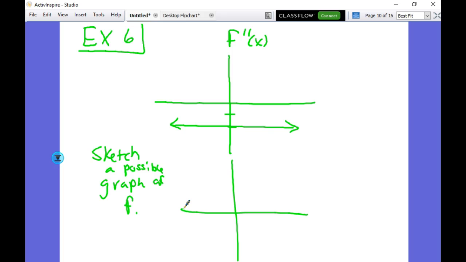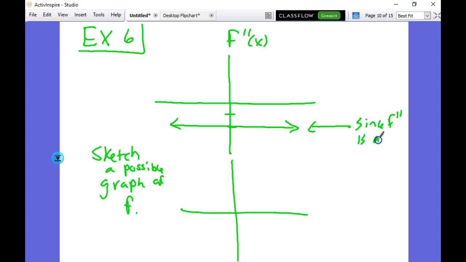And what does F double prime tell us about F? It tells us the concavity, okay? So what do we know about F double prime here? It's negative 2. So since F double prime is, when is it negative? Always.